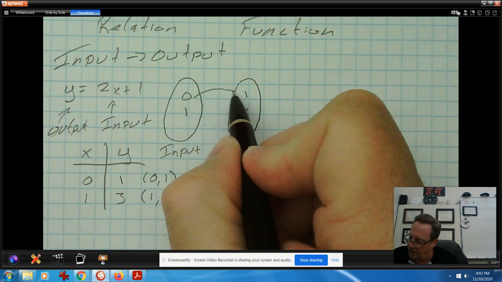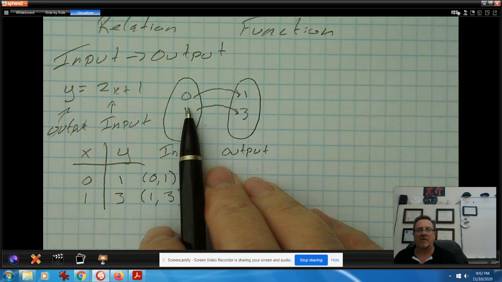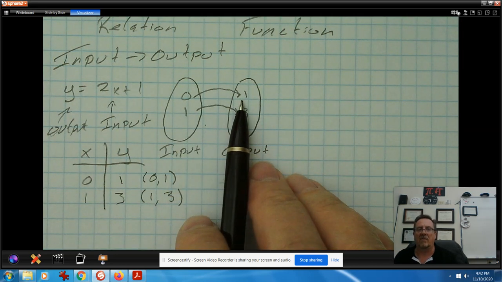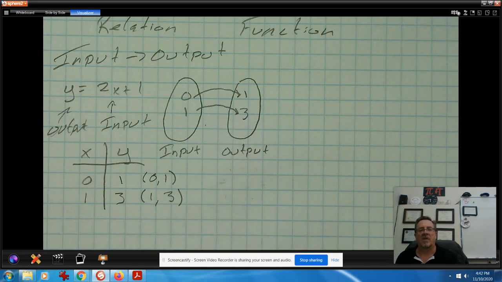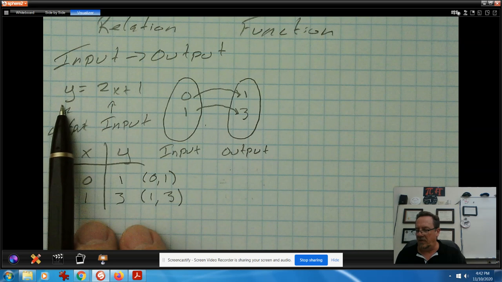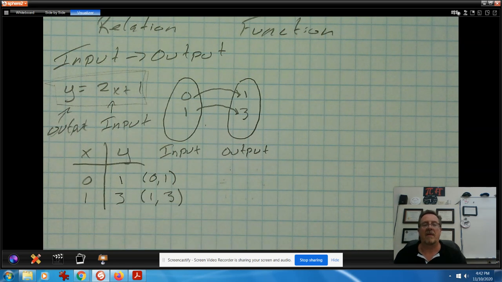I show that relationship with arrows. If you put in 0, you get out 1. If you put in a 1, you get out a 3. So there's this relationship, and I can show it in any number of ways. I can show it with graphs too, but I'm just trying to tell you that a relation is a pairing of an input to an output, and there can be a rule, a mathematical rule, that tells us how we do that pairing.